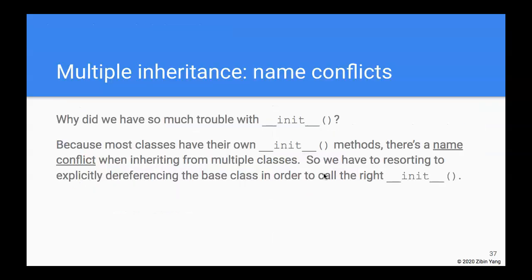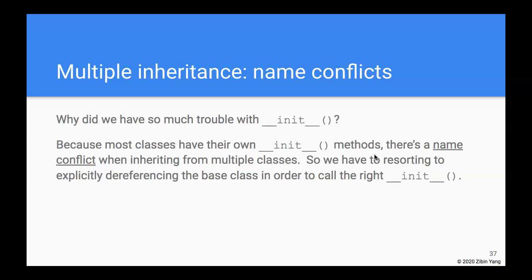So let's recap and think a little bit about why we had so much trouble with the dunder init method. Well, that is because most classes have the dunder init method, right? So when a single class inherits from multiple classes, and in combination with the fact that Python only finds a method by its name, then when there are multiple methods with the same name, there's this name clash or name conflict, right?